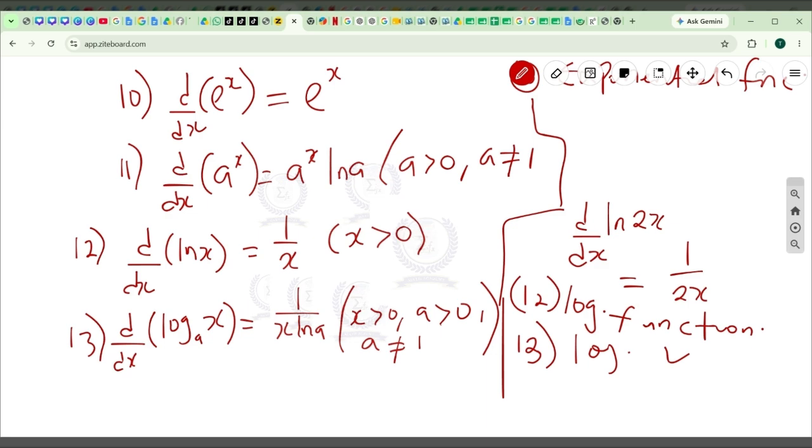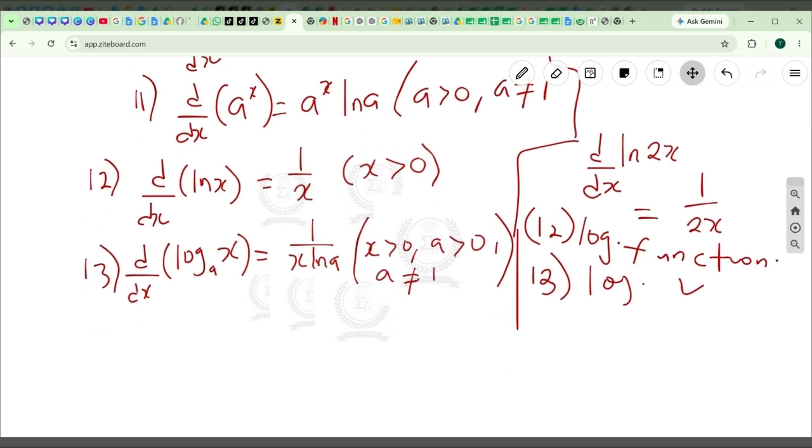All right, so let's look at the 14th one. Like I said, all these logarithmic functions, you don't need to start memorizing them. The best way it becomes a part of you is when you engage in constant solving of examples that is going to make you apply these differential formulas.